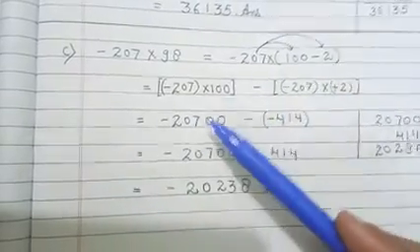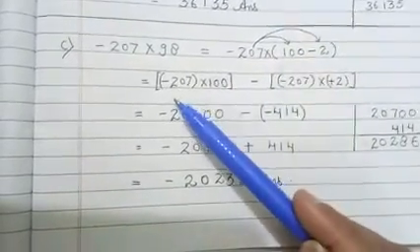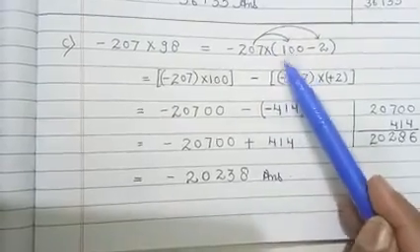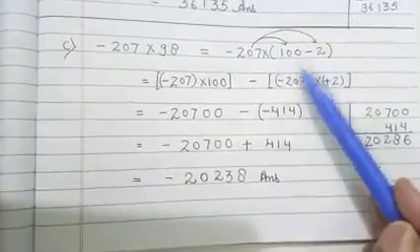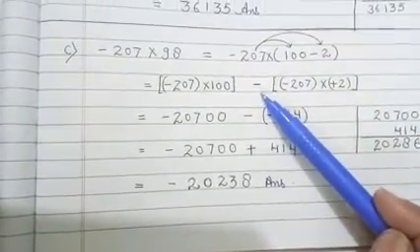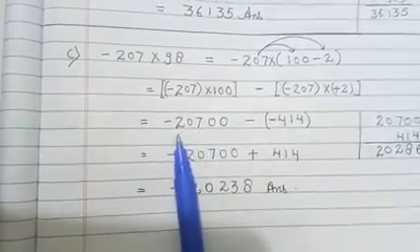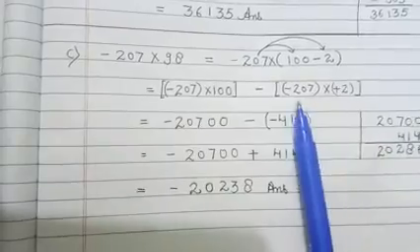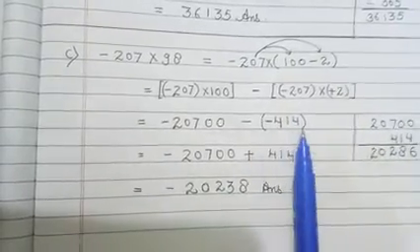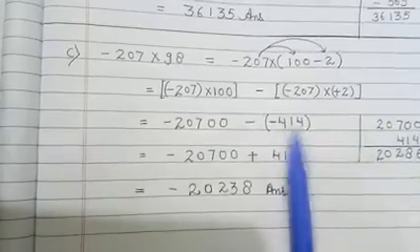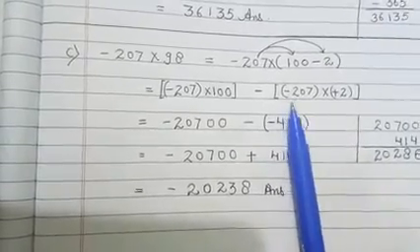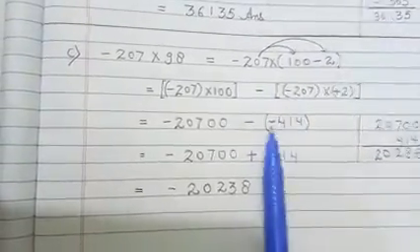Now when you multiply, once you multiply by 100, once you multiply by 2, and you will put the minus sign in between. So the multiplication of these two becomes 20,700, and the multiplication of these two is 414. But negative sign, because minus 207 is negative here.